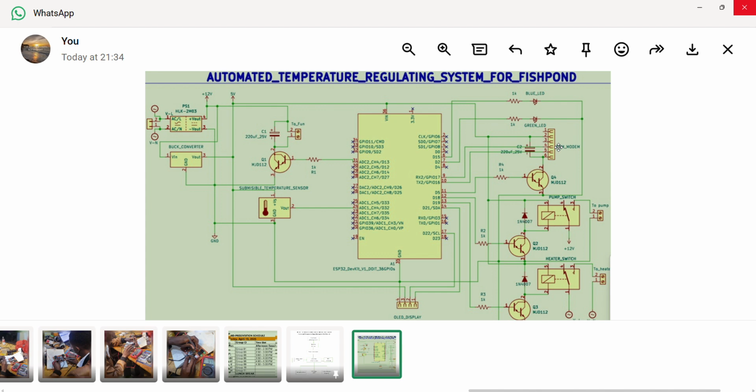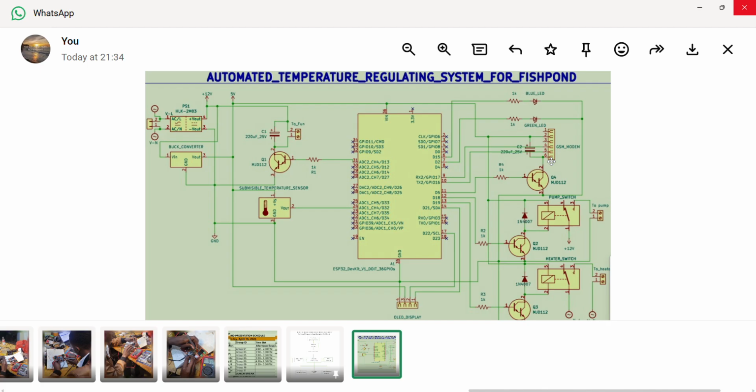This one will be connected and supplied by the 5 volts. Most of the components are supplied by the 5 volts. They will be supplied by the 5 volts and connected to the emitter, and emitter to the ground, through the common to the emitter to the ground.